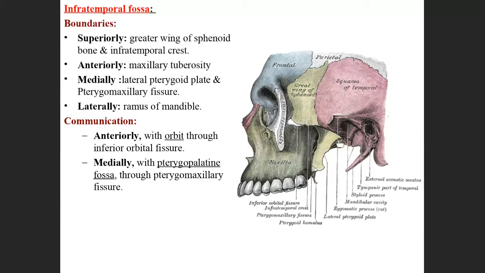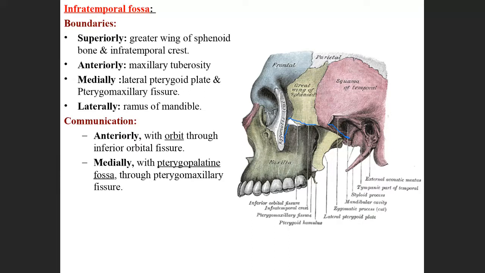Infratemporal means below the temporal bone. So boundaries: superiorly again it is the same, the greater wing of the sphenoid and the infratemporal crest, this line. Okay. And then anteriorly, the maxillary tuberosity. Somewhere here will come the maxillary tuberosity.